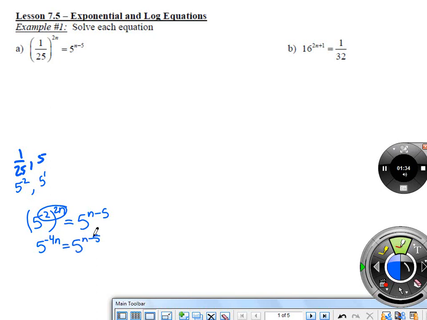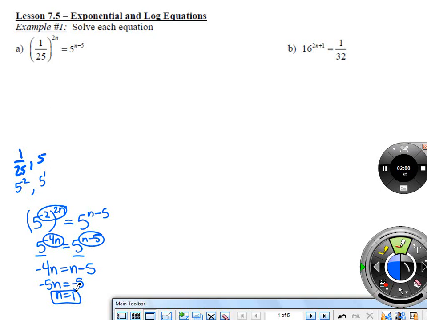There's no way these powers that have the same exact base are equal unless their exponents are equal as well. So negative 4n must equal n minus 5. Okay? And if I go ahead and solve this, I would get that n is equal to 1. And I could plug that back in, and I could check to make sure that it works.